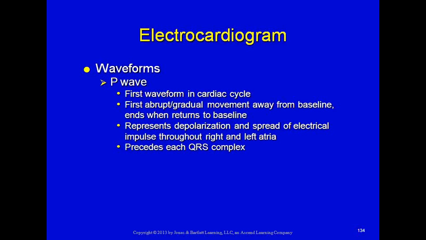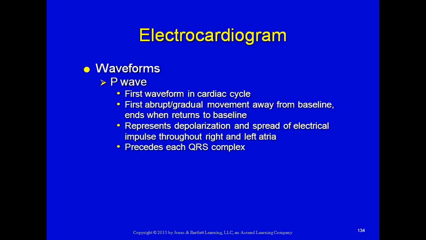Alright, so we've got this patient all hooked up to the monitor, and we've got all these squiggles on the screen, and we have to identify what these squiggles or waveforms are. The P wave is the first waveform in the cardiac cycle, and it's the first abrupt yet gradual movement away from the baseline, and it returns back to the baseline.